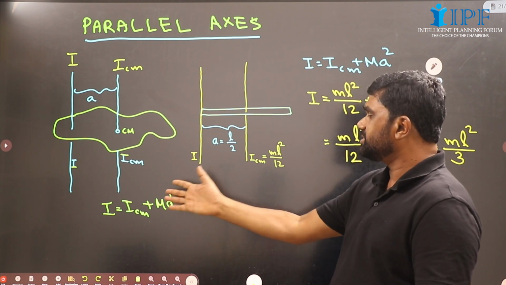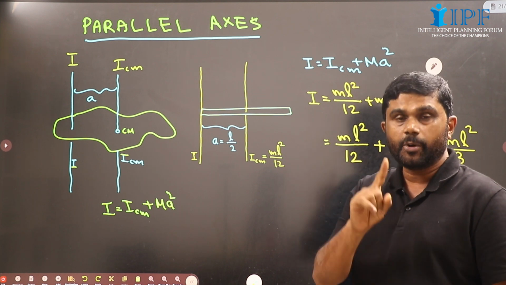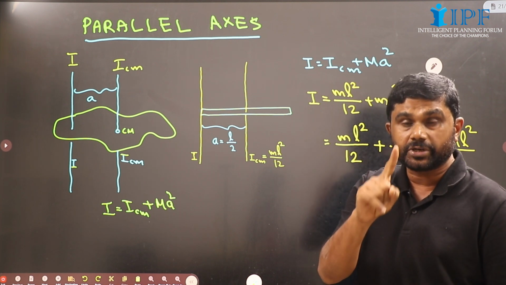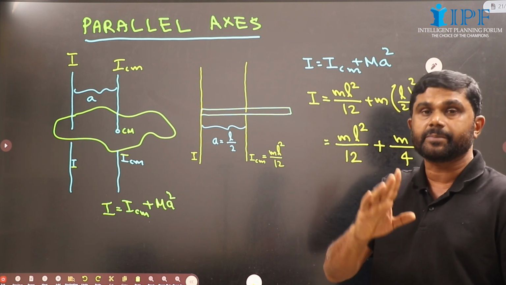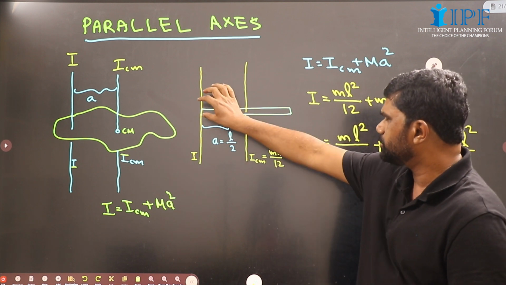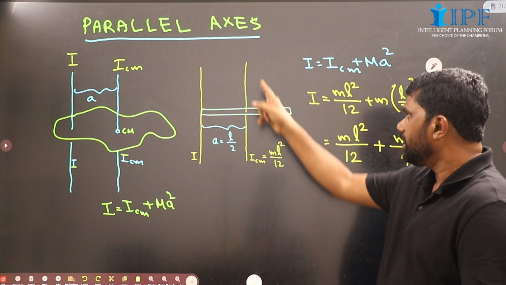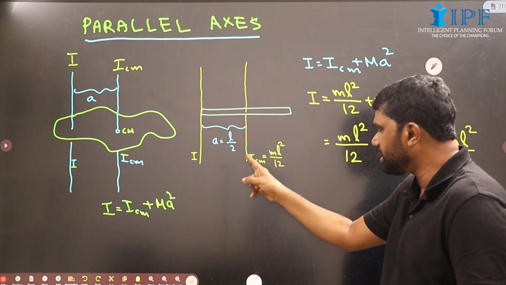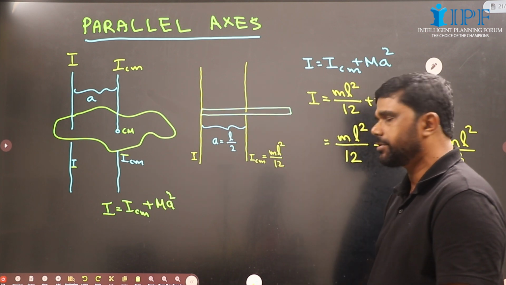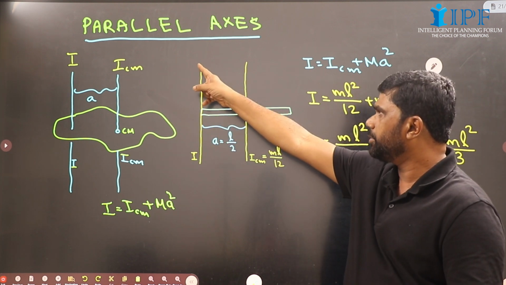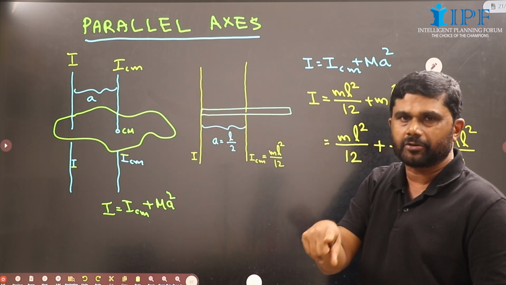Now let us apply this equation for a thin uniform rod. The moment of inertia of a thin uniform rod about an axis passing through its center and perpendicular to its length is ml square by 12. Suppose this is a meter scale; it can be considered as a uniform rod. This axis passes through its center and is perpendicular to its length, and the moment of inertia about it is ml square by 12. We want to find the moment of inertia about an axis passing through one of its ends and perpendicular to its length.